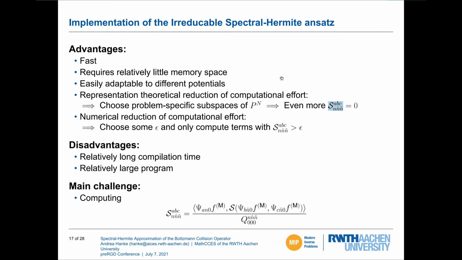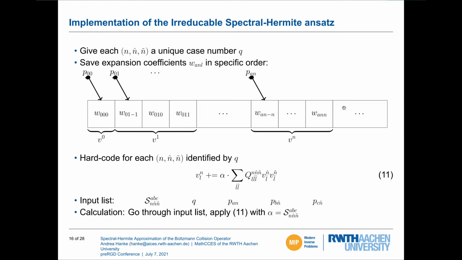Furthermore, we can apply two kinds of reduction of computational effort. On the one hand, we can use representation theoretical reduction of computational effort. This is done by choosing a problem-specific subspace of our polynomial space, and that leads to even more s coefficients being 0, in the sense that we can just kick them out of our list that we put into our calculation here.